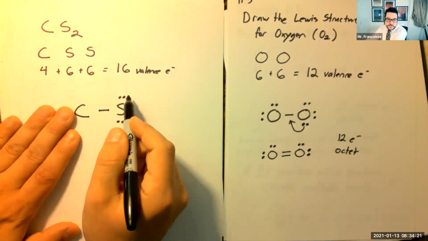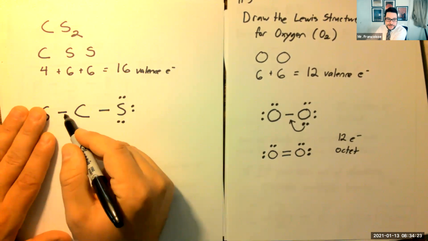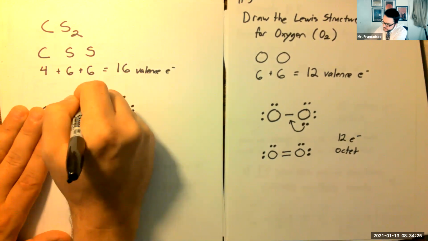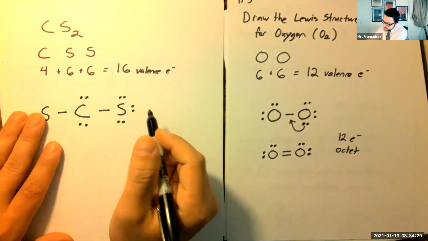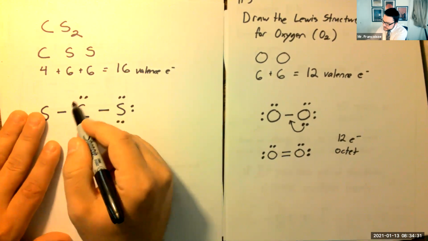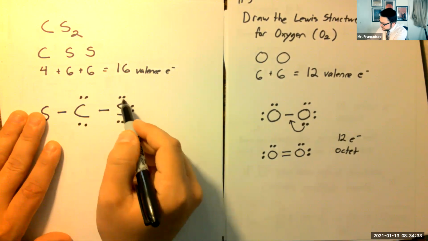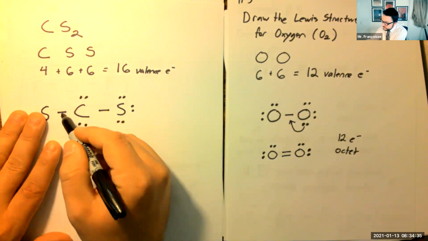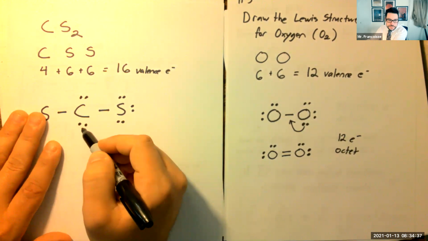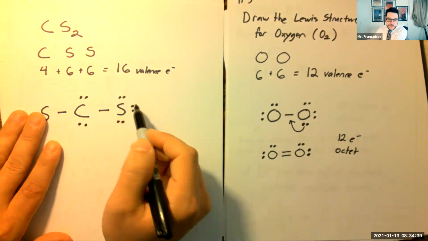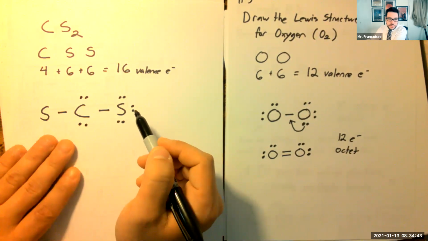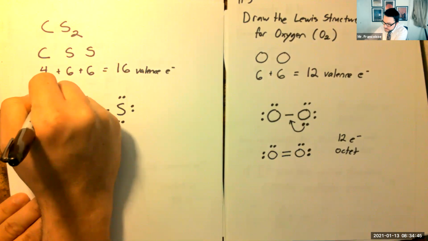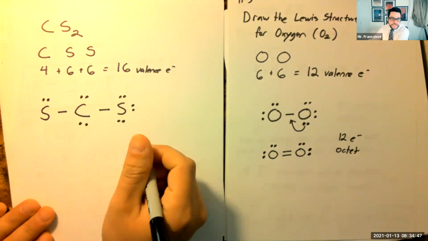So we have 2, 4, 6, 8. We have 10 here. 11, 12. So 2, 4, 6, 8, 10. 2, 4, 6, 8, 10, 12. This is 14. So 2, 4, 6, 8, 10, 12, 14 with all of these. And 2 more here would be 16.